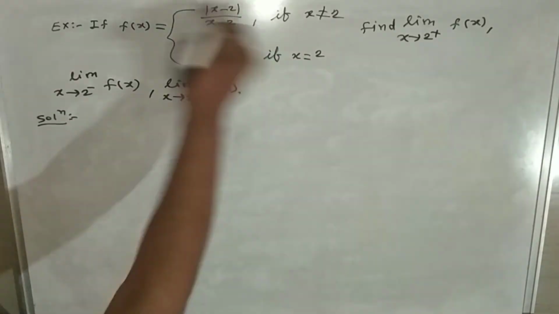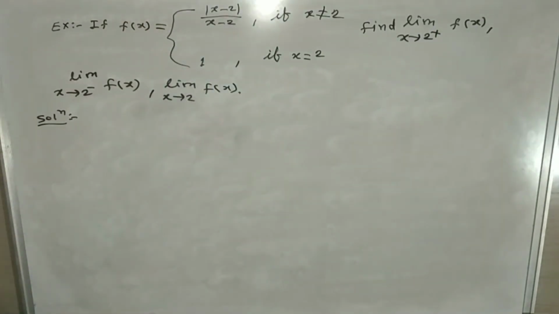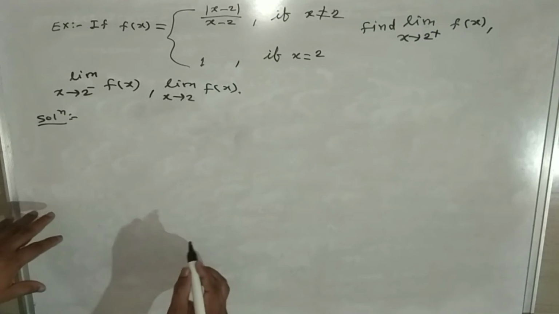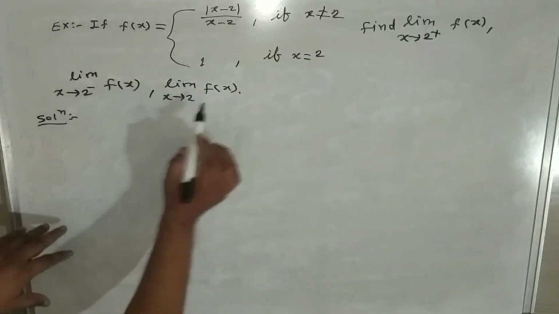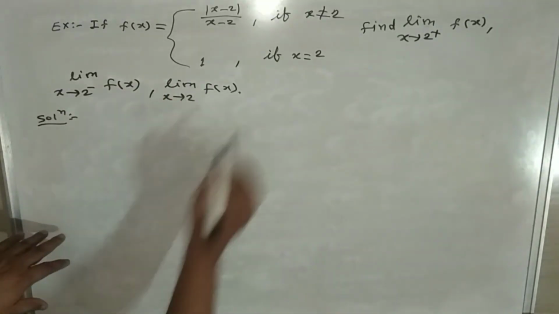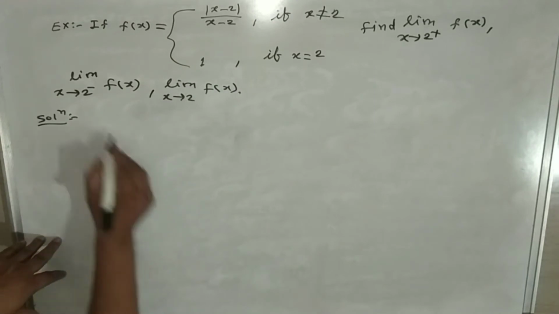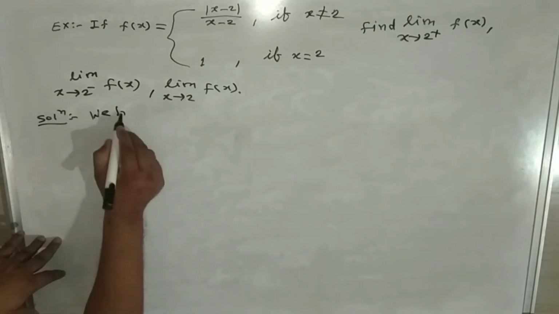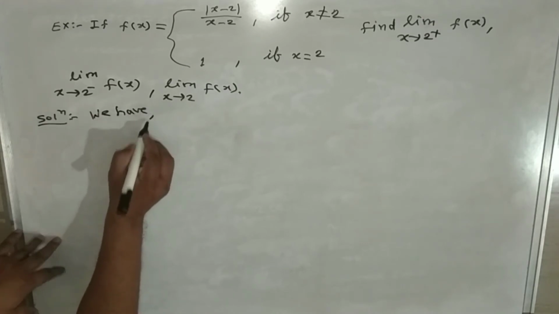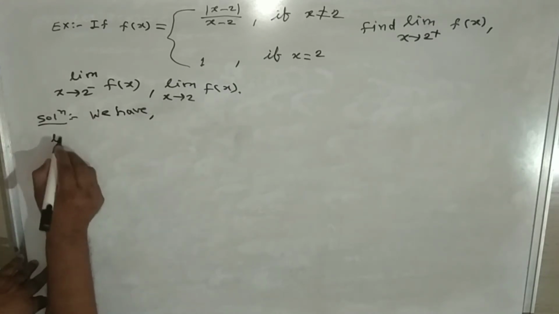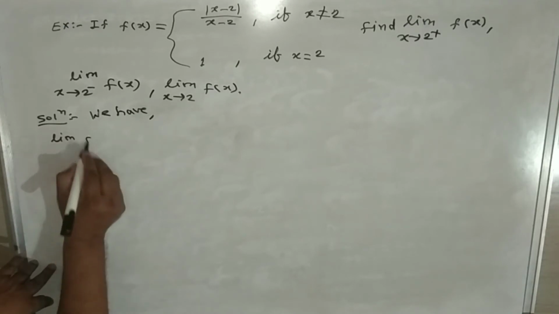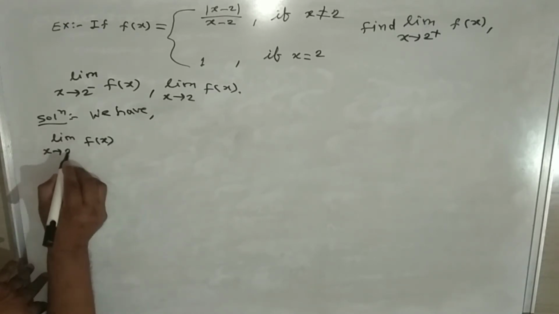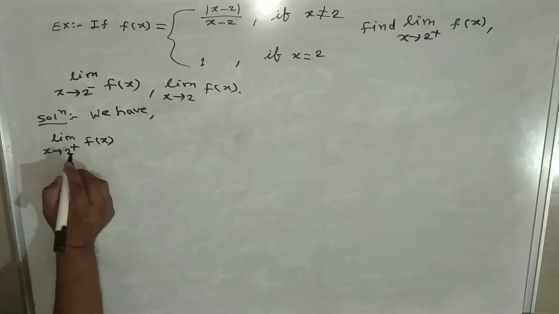We have given this function f of x is equal to mod x minus 2 upon x minus 2 if x is not equal to 2, and the function f of x is equal to 1 if x is equal to 2. Now we have the right hand limit of a function f of x as x tends to 2 plus.